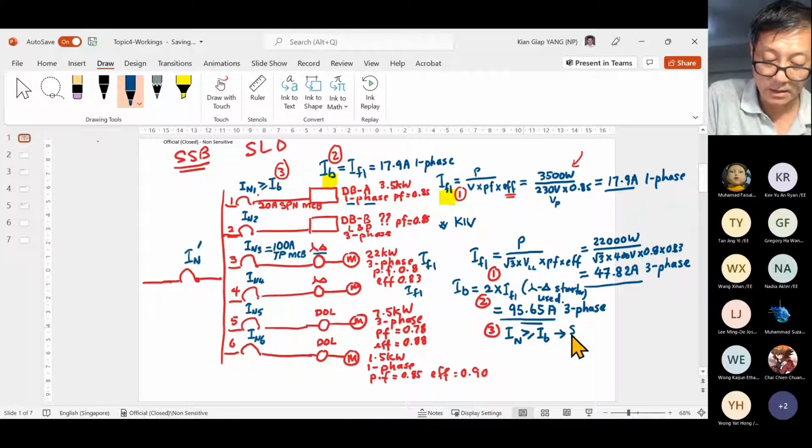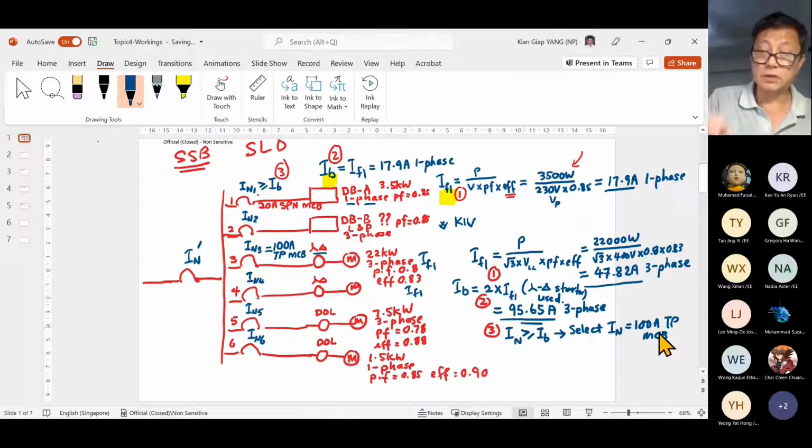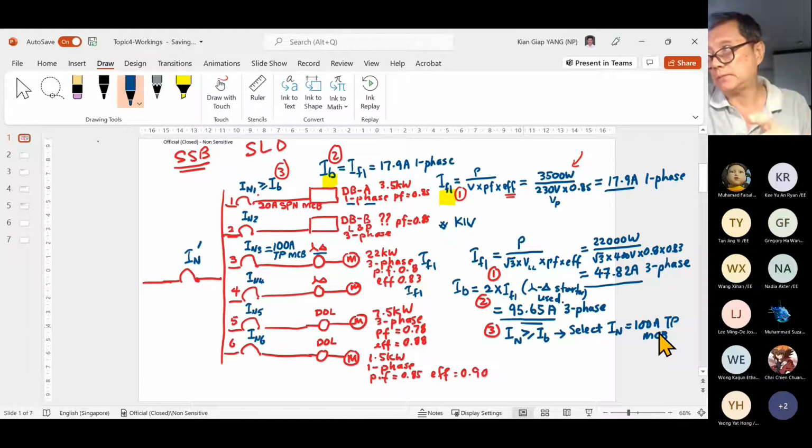Therefore, I select IN equals to 100 ampere TP MCB. So you notice, since the first circuit, I'm using this 3-step approach all the time.